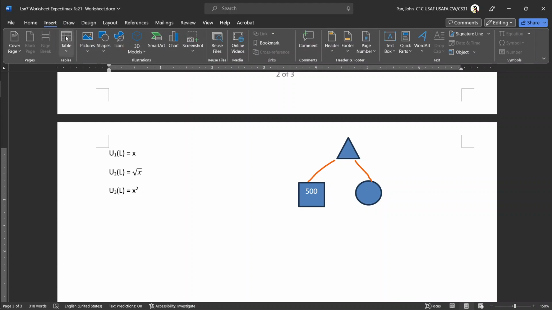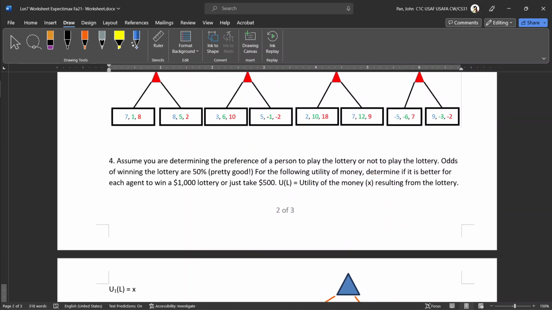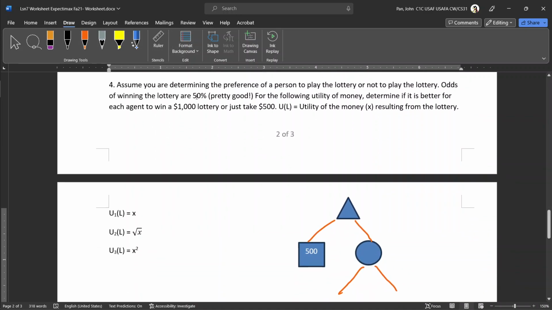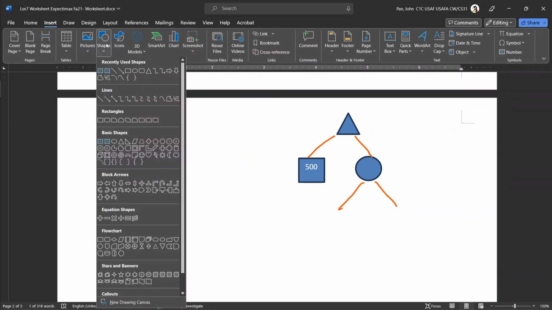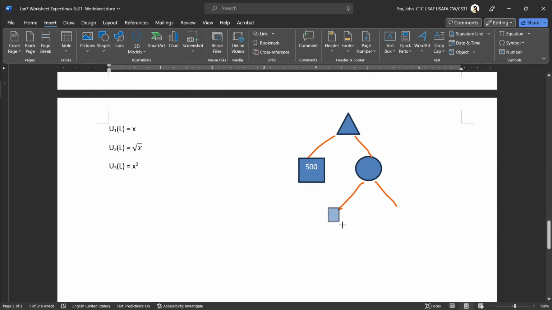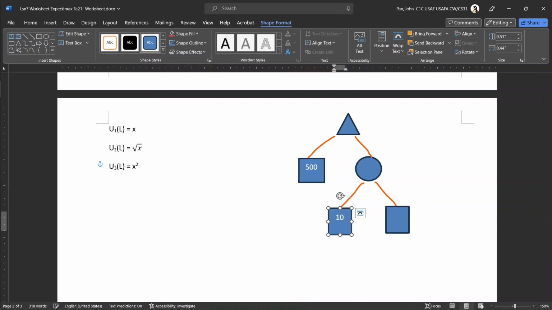So the probability node is going to have 2 branches, one in which we win and one in which we lose, and it's 50% chance each. So we either win the lottery or lose the lottery. If we win the lottery, then we're very happy and we get $1,000.